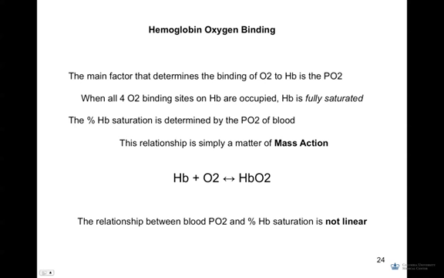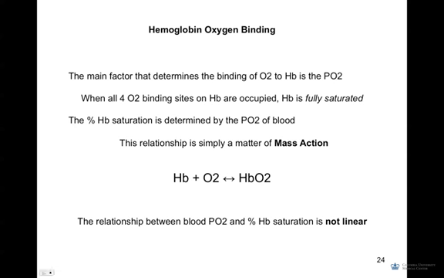The extent to which hemoglobin is going to bind to oxygen depends on how much oxygen is there. And that is why PO2 of plasma determines hemoglobin saturation, because how much oxygen is there really represents how much is in the plasma available to bind to hemoglobin.